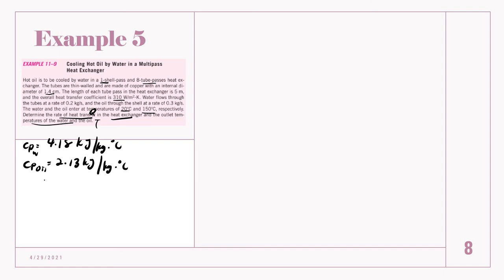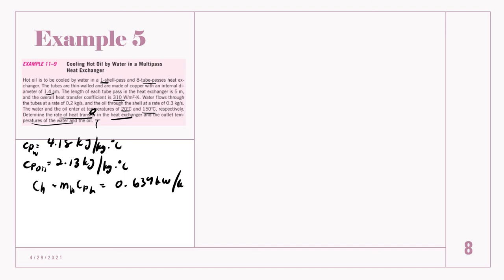Okay, to use the NTU method, like what I said in the previous example, you need to calculate the heat capacity. So CH is equal to MH times CPH, so I directly calculate this one. I got 0.639 kilowatt per K. So this one you just put the value.